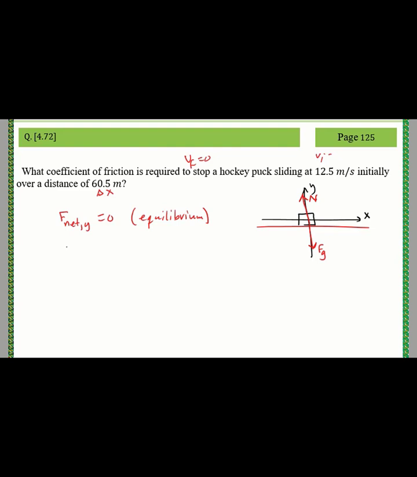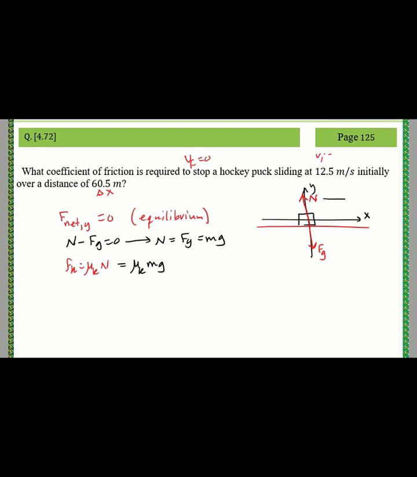Then we get that N minus Fg equals 0 and N equals Fg, which is M times G. Now Fk equals mu k times N. Then Fk equals mu k times M times G.